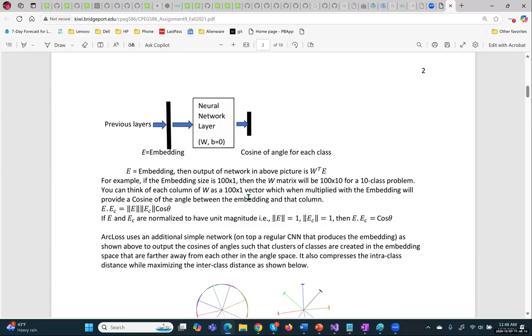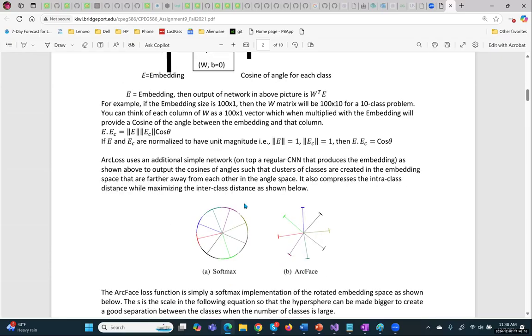First, let me give you the idea. If we take a look at the very end, we do the softmax. Let's pretend we have 8 categories. If we do a normal softmax followed by a cross entropy type of loss, then what happens? It will create clusters.